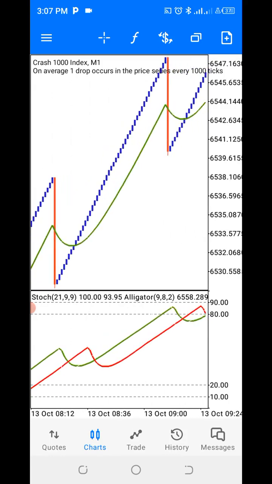The reason why the strategy works perfectly for these two pairs is that they are less volatile in terms of scalping. Understand my point?